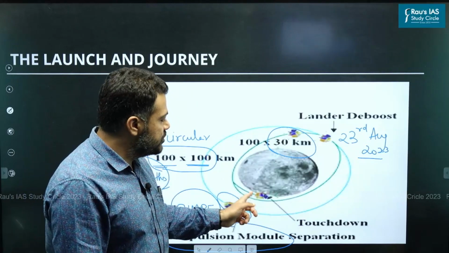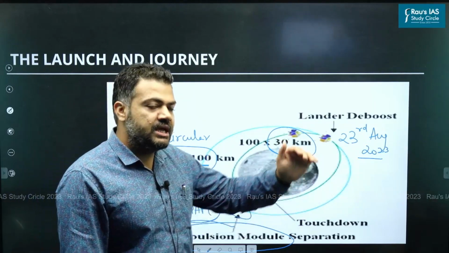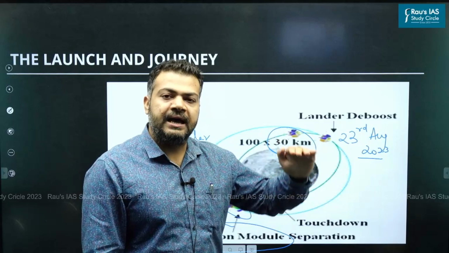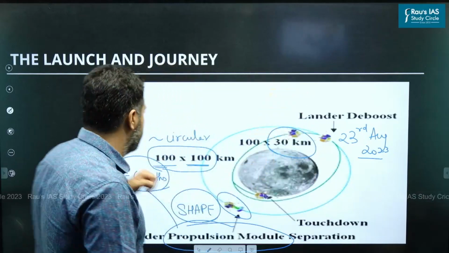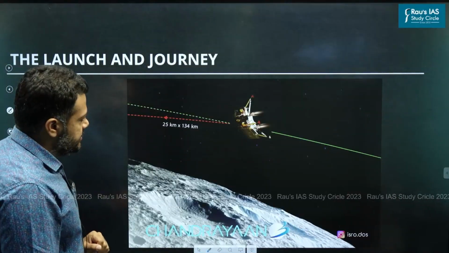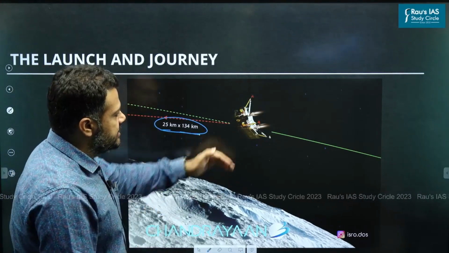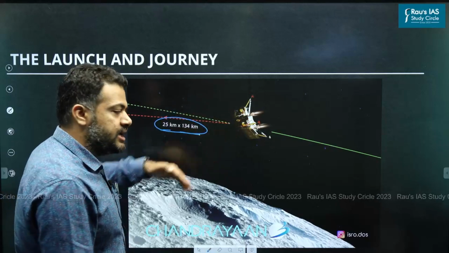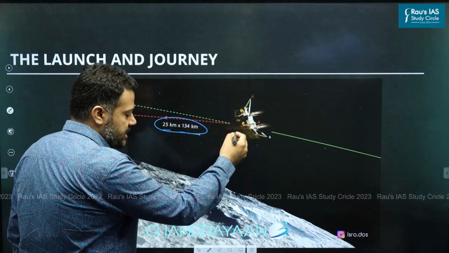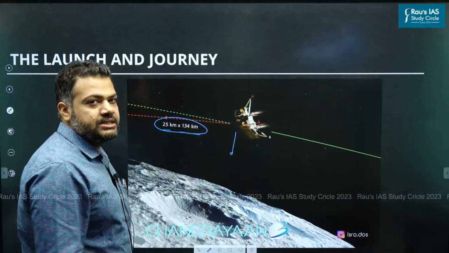So from 30 kilometers away, the deboosting phase started, and then the lunar lander left its natural trajectory and eventually started falling towards the moon surface.